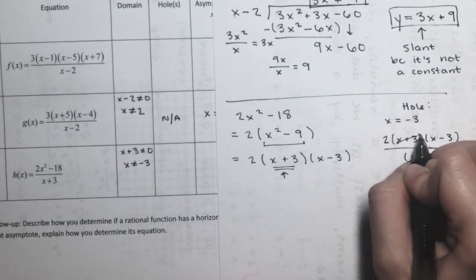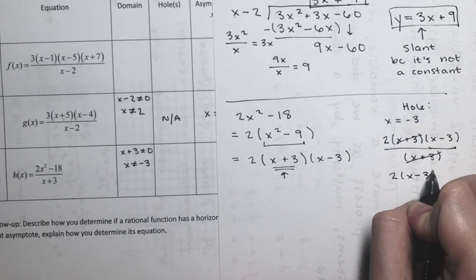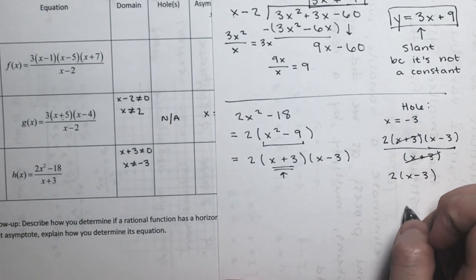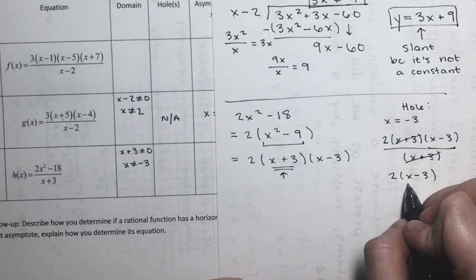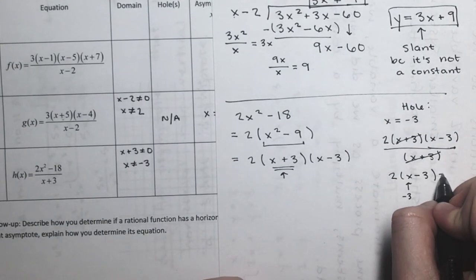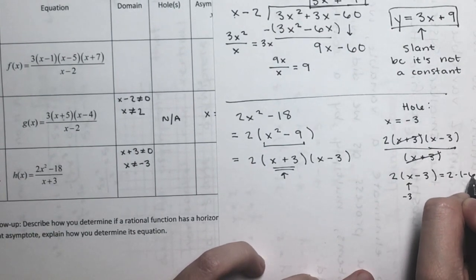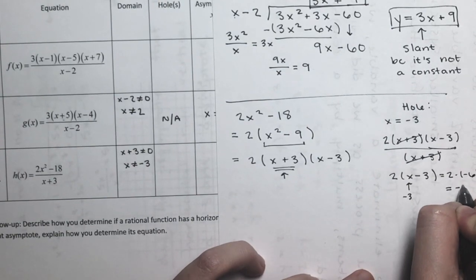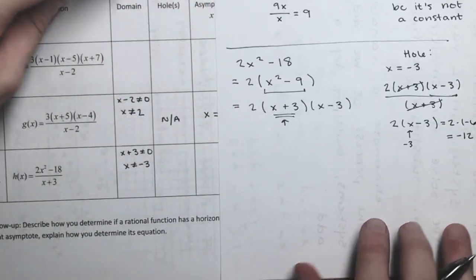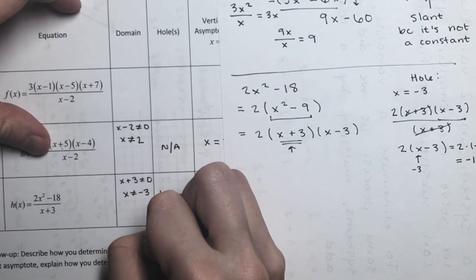So we cancel these guys. We're left with 2 times x minus 3, right? There's nothing left on the bottom. It's over 1. So we plug in negative 3 here. So we get 2 times negative 3 minus 3 is negative 6, and we get negative 12. So our hole occurs at negative 3, negative 12.